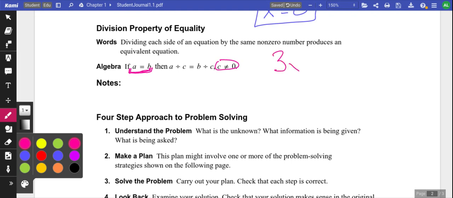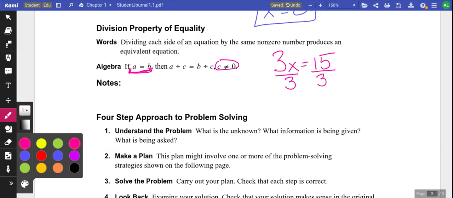Let's try it. We've got 3x is equal to 15. If I gave you that equation, you could use the division property of equality: divide both sides by the same number. You're multiplying here, so you want to do the inverse, the opposite. So we're going to divide each side by 3.